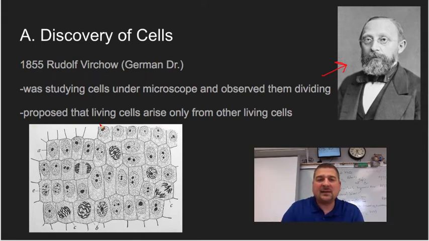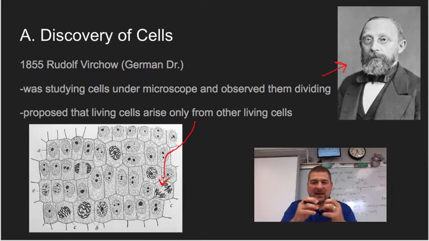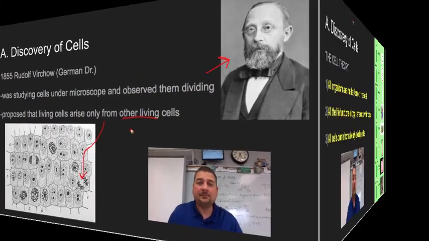Virchow said, well, I think I see cells pulling apart, dividing themselves into two. And so where do cells come from? He proposed that all cells come from other living cells.